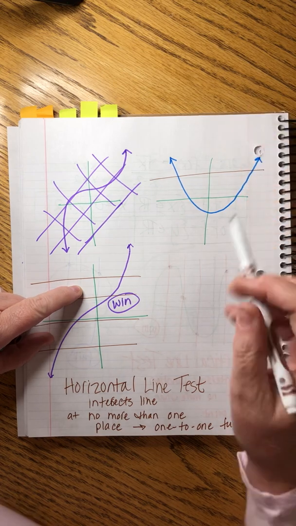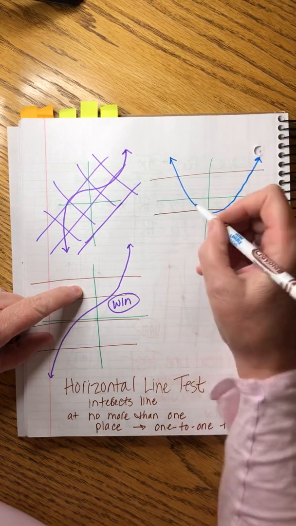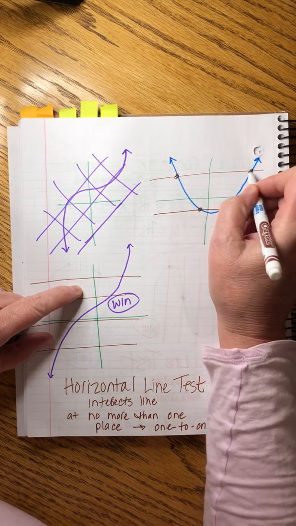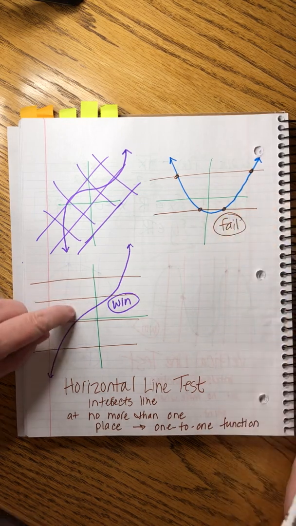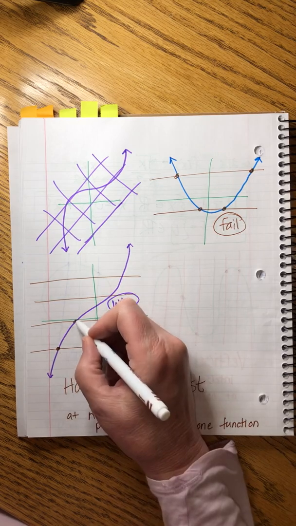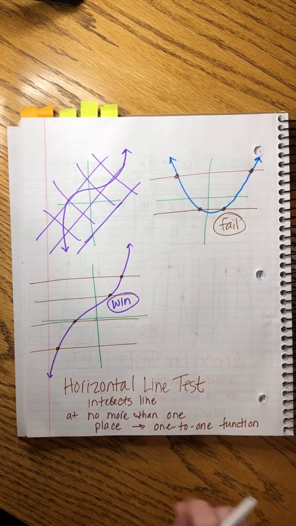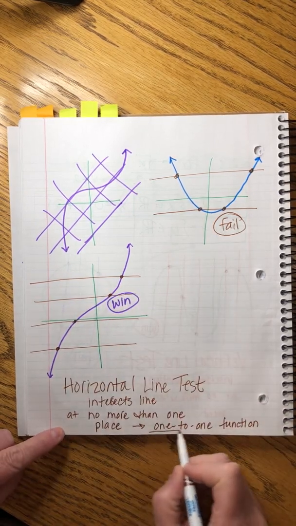It passes the test to be a function, but here we're getting multiple hits. So this fails the horizontal test. It is not a one-to-one function. This one passes because the horizontal lines hit only once. So that means it's a one-to-one function.